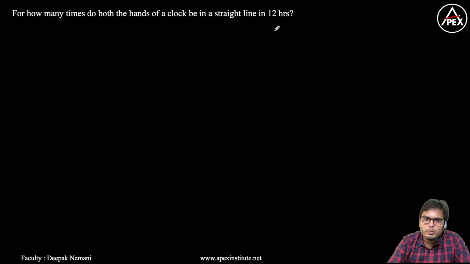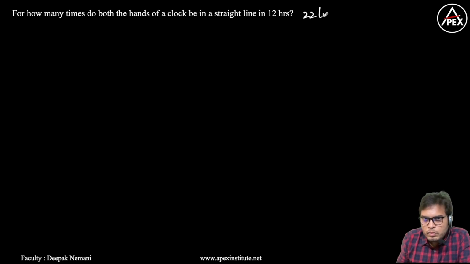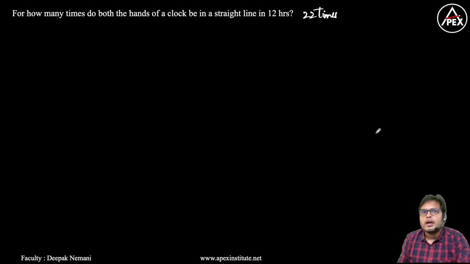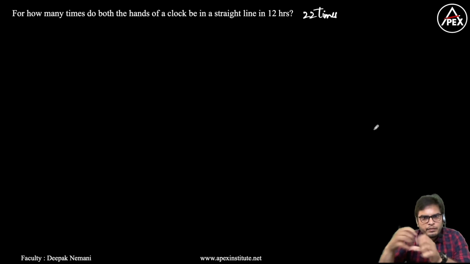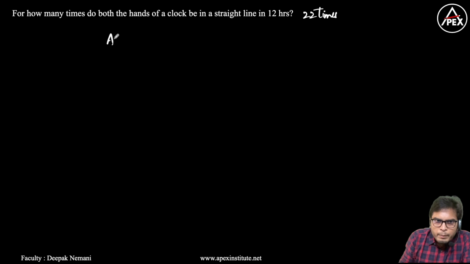Now moving ahead to the next question. How many times do both the hands of a clock be in a straight line in 12 hours? The answer for this question should be 22 times. Now, when can we have two hands of a clock in a straight line? Either the angle between them should be 0 degrees or 180 degrees.